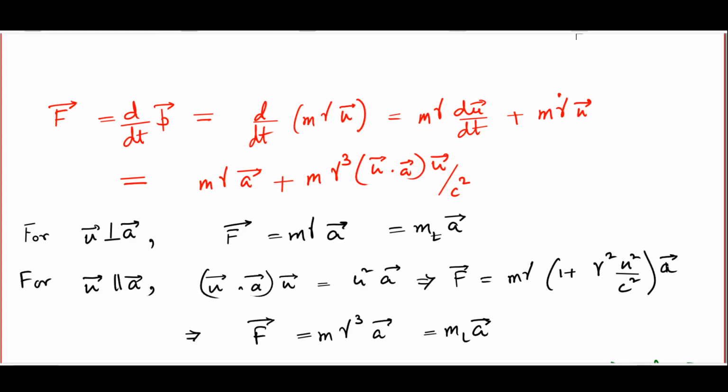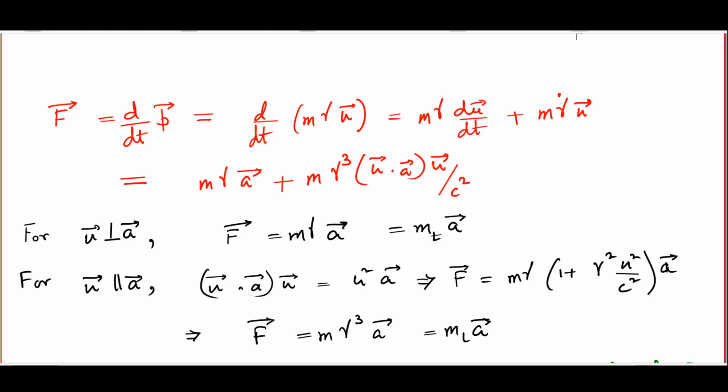The other situation where the formula simplifies is when u is parallel to a. If u is parallel to a, then the quantity (u dot a) times u can be easily seen to be the same as u squared times the a vector. And what that means is that incorporating the second term, adding it to the first term for force, becomes pretty straightforward, and force now becomes m gamma into (1 plus gamma squared u squared by c squared) into the a vector.